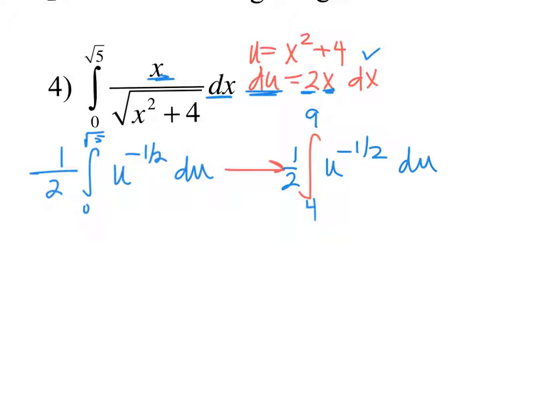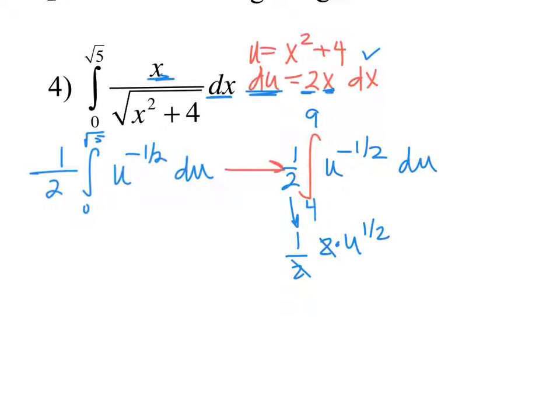Now we can do that, and then we can go ahead and take the integral, so u to the negative 1/2 plus 1 over negative 1/2 plus 1, which gives us u to the 1/2 over 1/2, so multiplied by 2, and multiplied by that 1/2 that's already there.